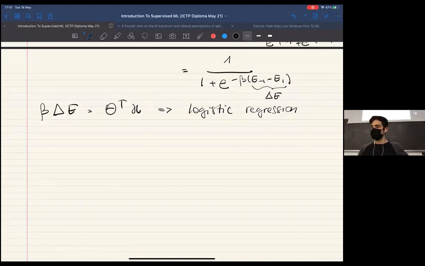So now that we know what logistic regression is, and we defined the hypothesis class and motivated it from a physics perspective, we need in some way to learn it, to find a way to obtain these parameters here.